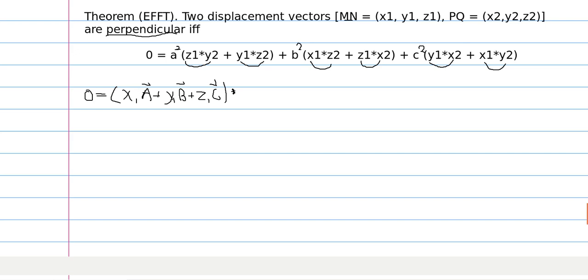And notice that I'm not writing the O, but each of these has origin centered at the circumcenter. And the vector PQ is x2 A vector plus y2 B vector plus z2 C vector.